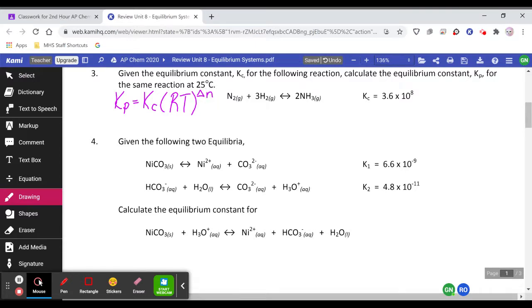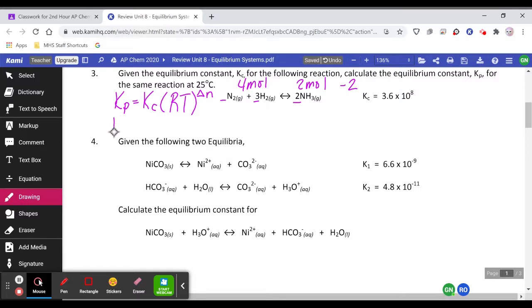On our reactant side, we have 4 moles of gas total. On our product side, we have 2 moles of gas. So 2 minus 4, we get a -2 for our delta N, our overall change in moles.